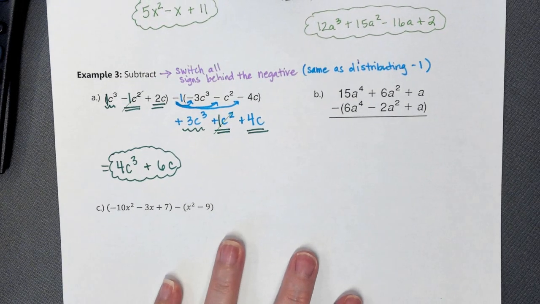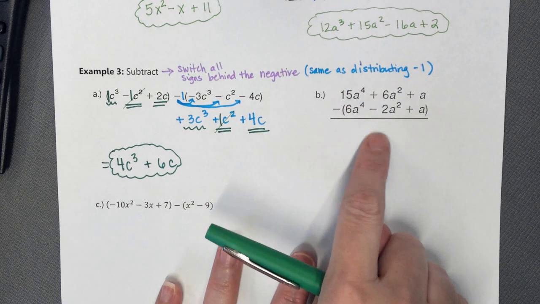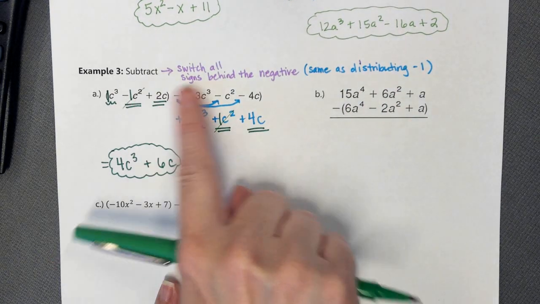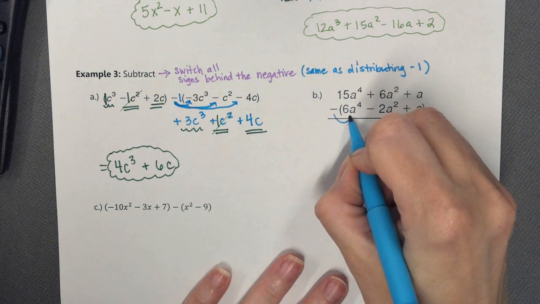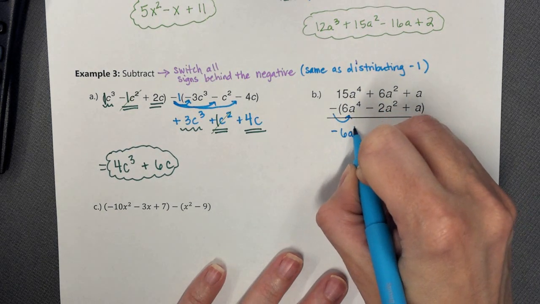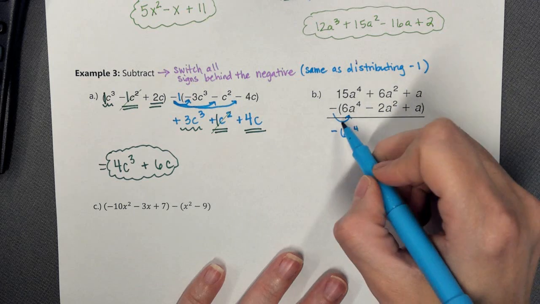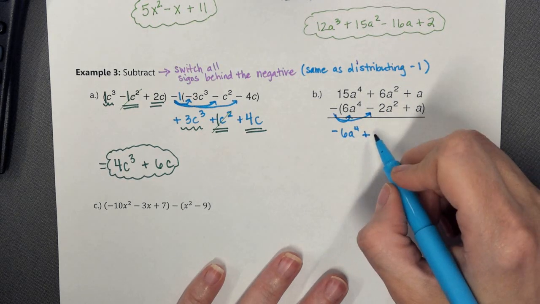Now sometimes they're going to give you the minus like this, where it's in vertical instead of horizontal. Same thing. You're going to distribute this negative. So this is going to be negative 6, a to the 4th. A negative times a negative is going to be a positive.